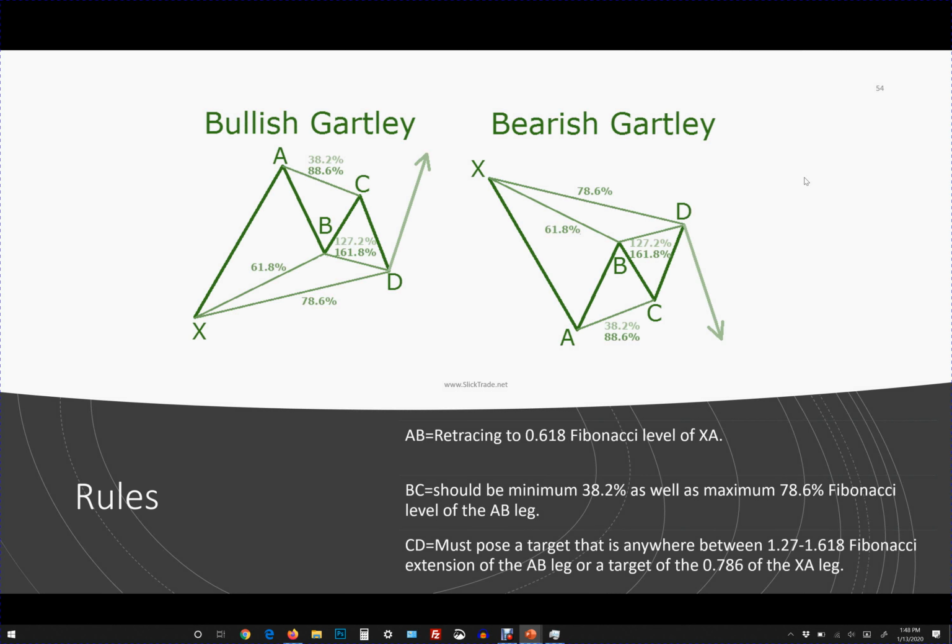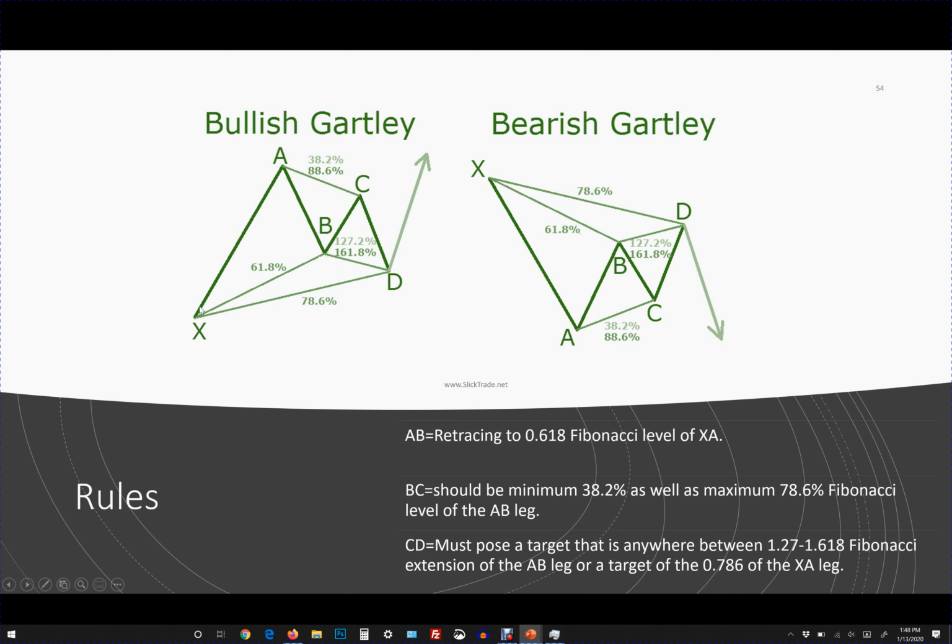AB, this point to this point, should retrace to the 0.618 Fibonacci level of XA. So we have XA. That means AB has retraced to the 0.618 Fibonacci level of XA.